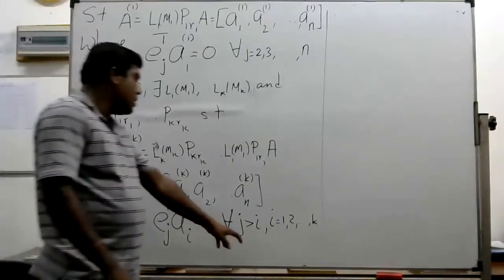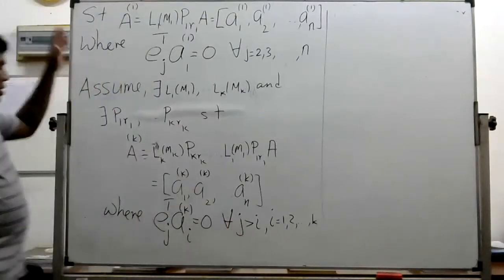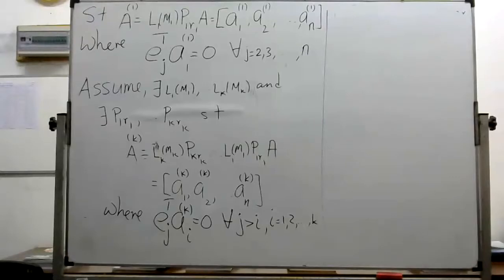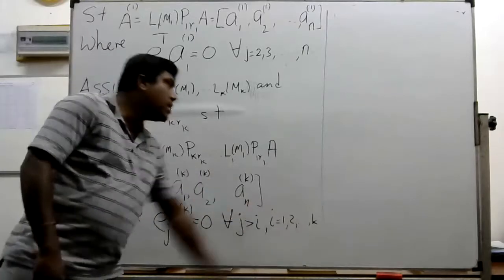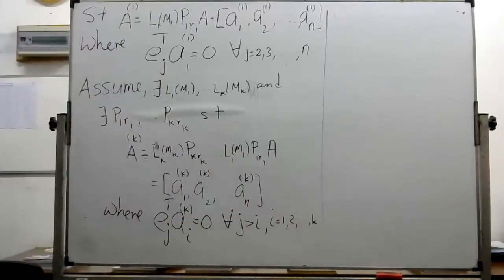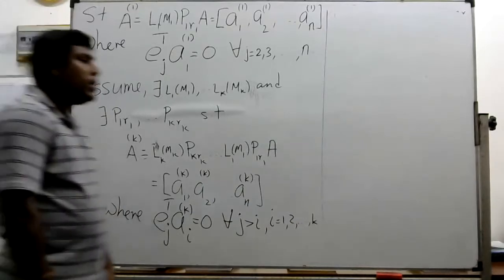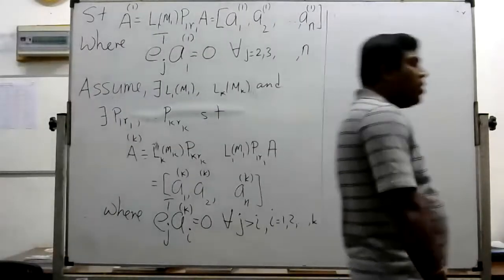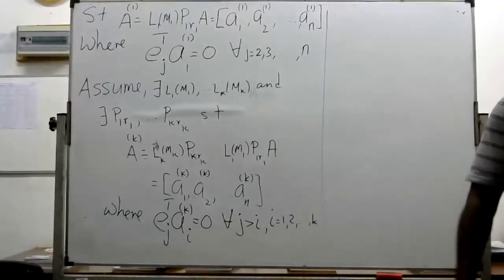For all j greater than i, so those are the components below the diagonal. j equal to i is a diagonal term. So j greater than i gives you all terms below the diagonal. And for the first k columns, we say that this is true. So now we have to show that it is working for the k plus first step.